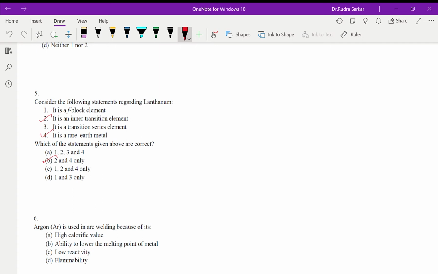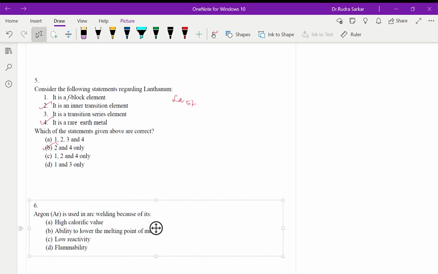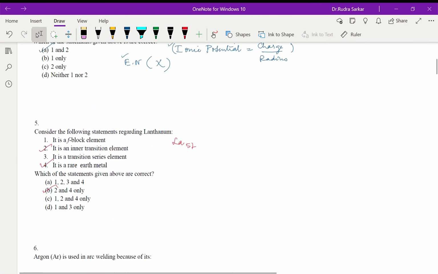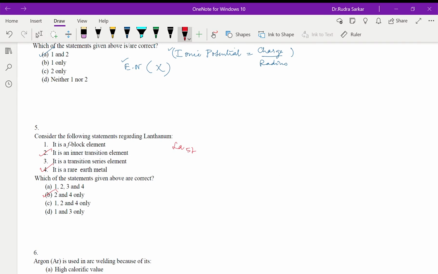Now, why we are saying lanthanum to be an inner transition element? Because lanthanum is 57, and it is obviously having the electronic configuration Xe 4f0 5d1 6s2.